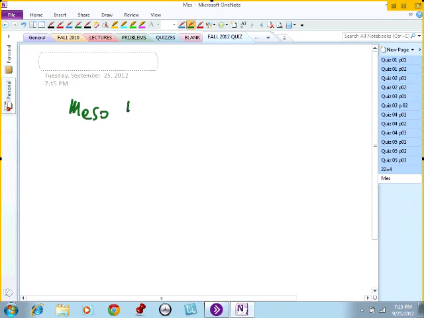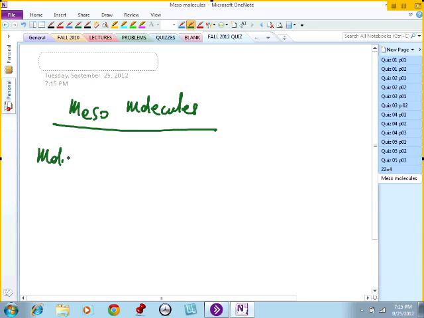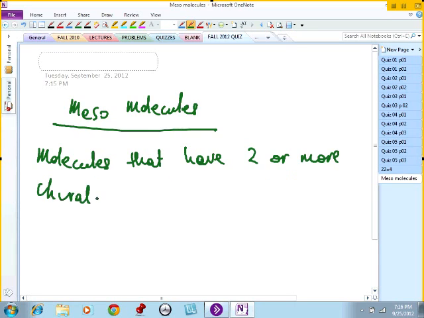Meso molecules are molecules that have two or more chirality centers of carbon and will superimpose on their mirror image.